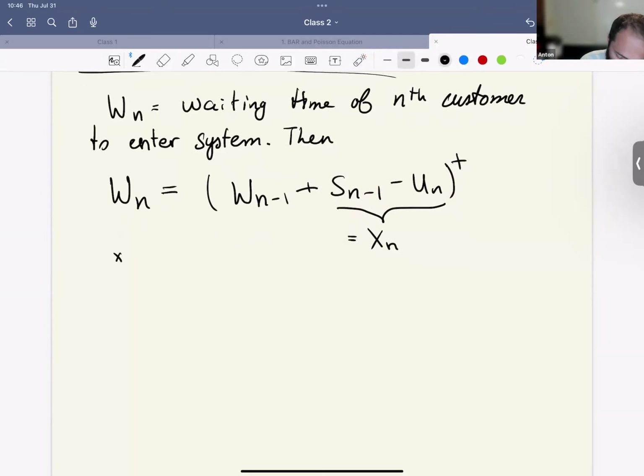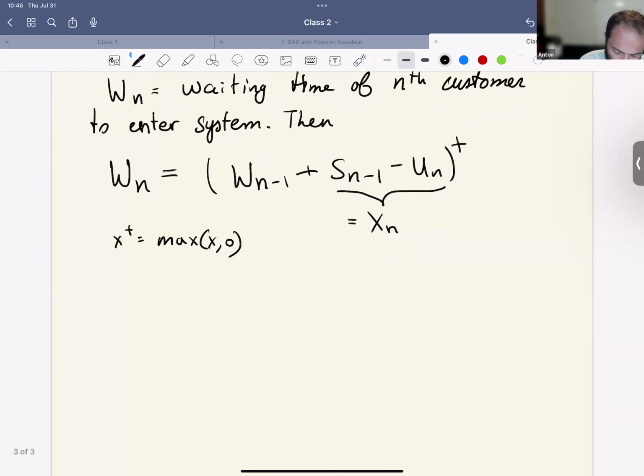And x plus is the maximum of x and 0. Now assume that the system is stable: the expected inter-arrival time is bigger than the expected service time.